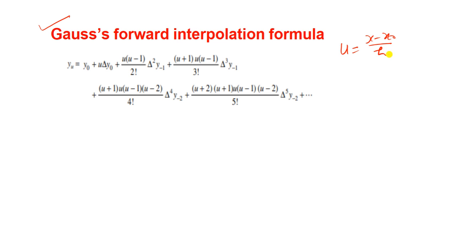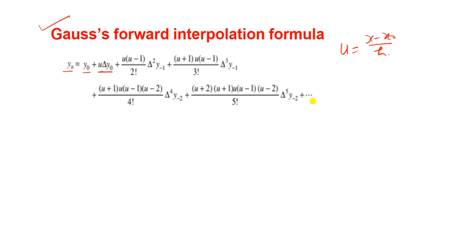Then the Gauss forward interpolation formula: y of u is equal to y0 plus u del y0 plus u minus 1 upon 2 factorial del 2 y minus 1 plus u plus 1 u minus 1 upon 3 factorial del cube of y minus 1 plus u plus 1 u minus 1 u minus 2 upon 4 factorial del 4 of y minus 2 plus u plus 2 u plus 1 u minus 1 u minus 2 upon 5 factorial del 5 y minus 2 plus and so on.